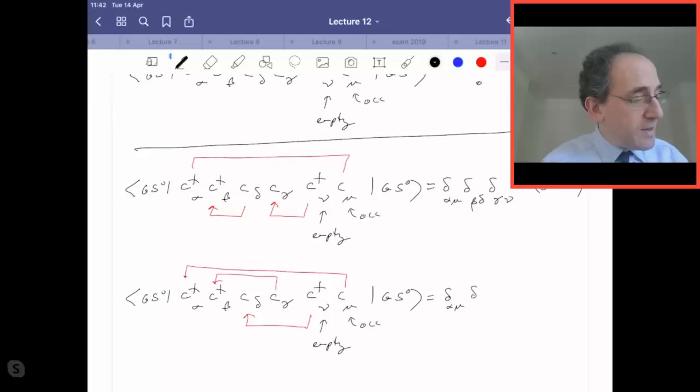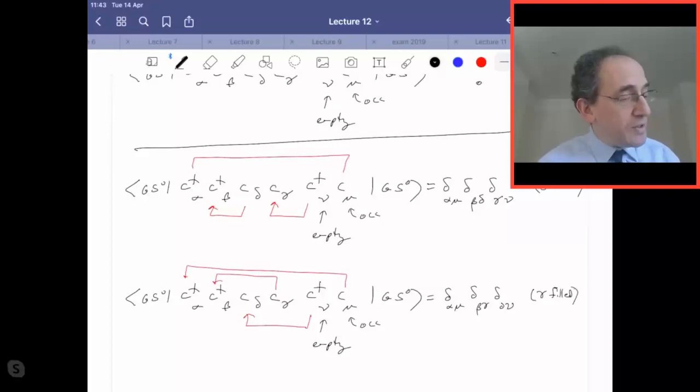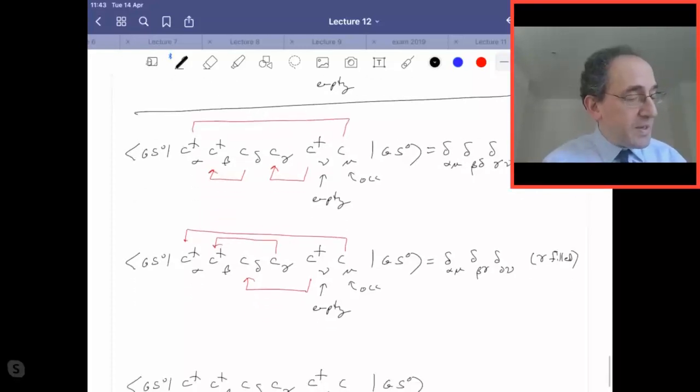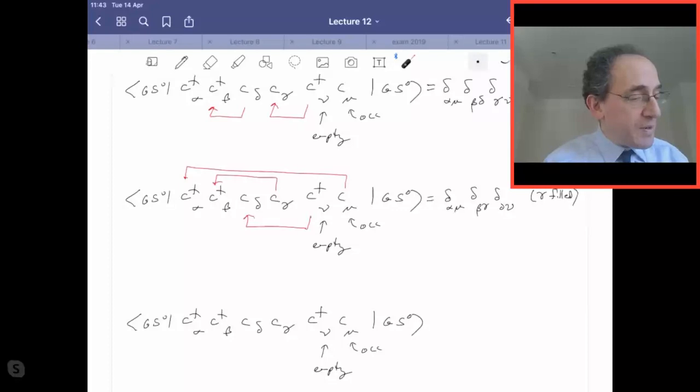Now it's delta beta gamma and delta nu, but notice that here, nu has to be empty, and that means the gamma here has to destroy someone, so gamma has to be below the Fermi surface. Gamma filled. Okay, we already know that mu is below the Fermi surface and nu is above the Fermi surface. Okay, the third one, we can keep going.